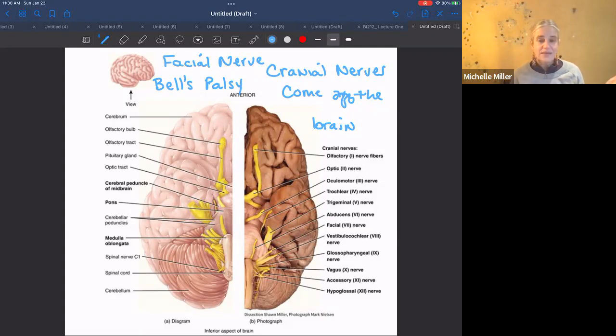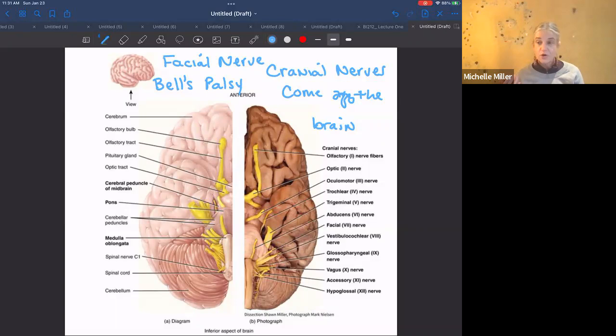Bell's palsy is reversible. Oftentimes people feel really bad about it because they look strange, but generally over time the facial nerve will repair itself and function will return. Sometimes there might be a little bit of asymmetry in the face, but there are rehabilitation exercises that people do to try to gain function back.